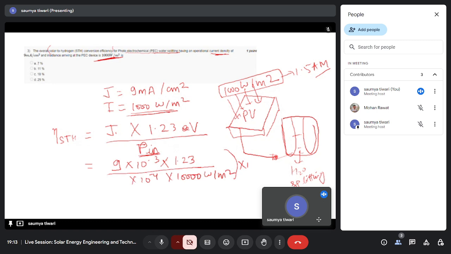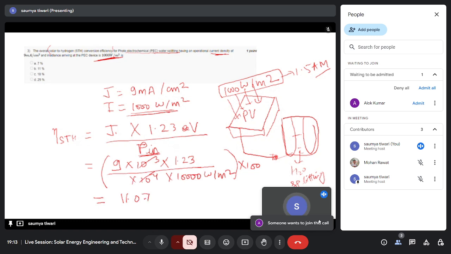To calculate the percentage, multiply by 100. If we solve this, it comes to 11.07%.